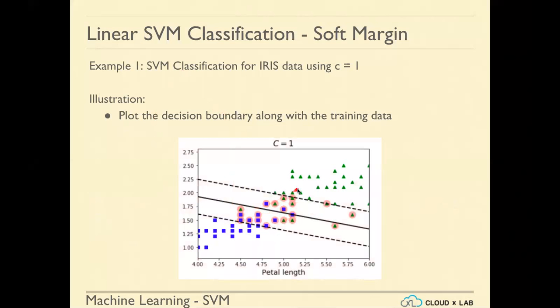You see that the triangles have come this side. Also, these ones are doing the violation because they're coming beyond the decision boundary. They are coming into the street. So there are so many violations.